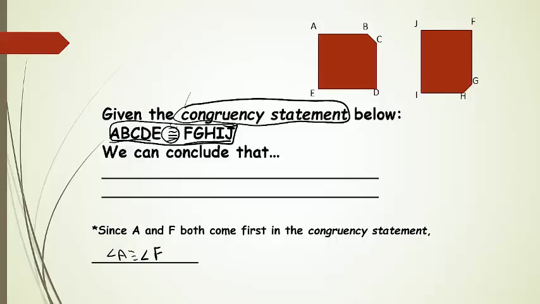So from that one congruency statement, I can get a lot of information. I know that angle B and angle G are congruent because they're both the second letter. And we're going to keep going here. Angle C and angle H.